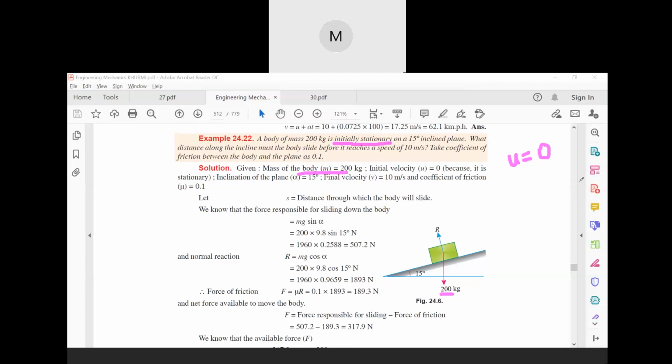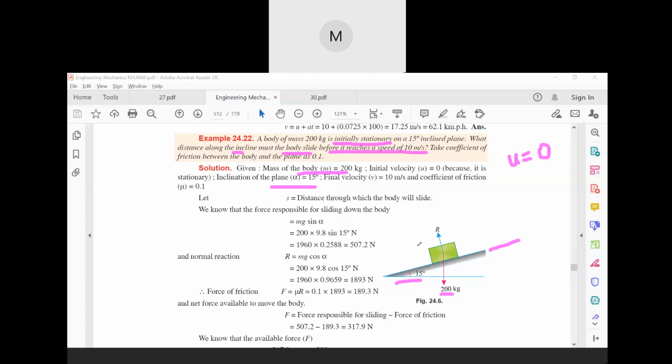the inclination of the plane, that means the body is inclined at an angle alpha equal to 15. So the plane is inclined at an angle of alpha equal to 15 degrees. Now it is also given what distance along the inclined plane the body must slide before it reaches a speed of 10 meters per second.